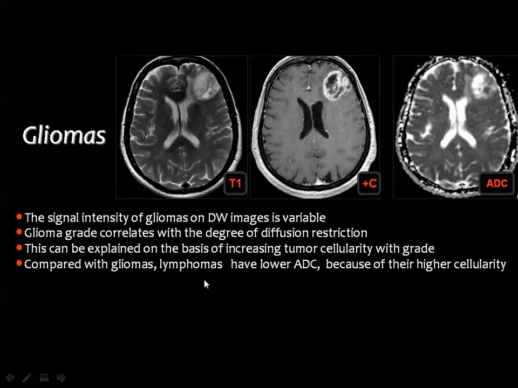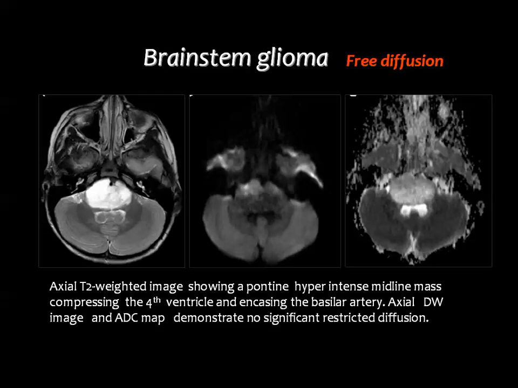Then you see here that there is a lesion in the frontal lobe on the left side, and this lesion showed heterogeneous enhancement, which is diagnostic of a glioma. In the diffusion weighted images, it will appear black, and in the ADC map, it will show bright signal, meaning that it has facilitated diffusion.